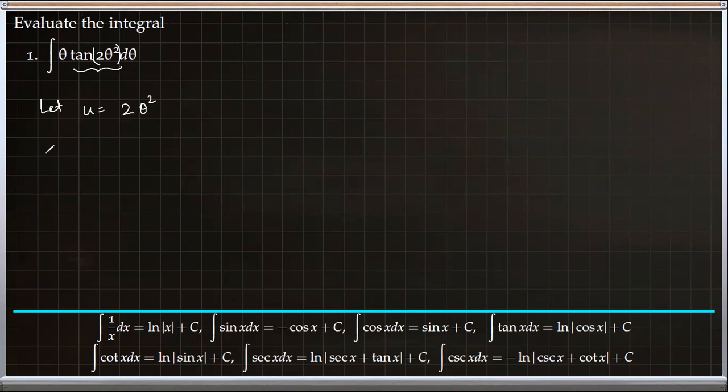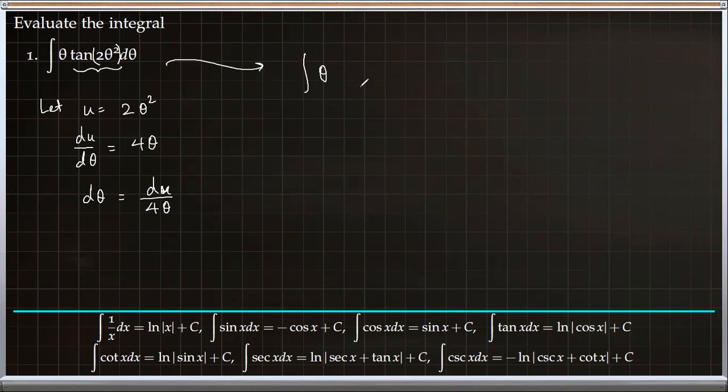Then we want to express d theta in terms of du. For that, we find the derivative of u with respect to theta, which gives us 4 theta. So this implies that d theta equals du over 4 theta.